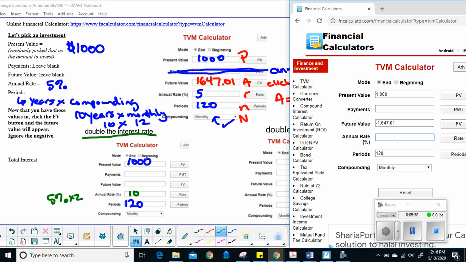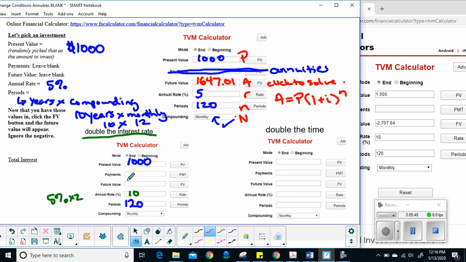So I just have to change my interest rate over here to 10. And future value is, woo! That's nice. So it's now going to be worth $2,707.04.